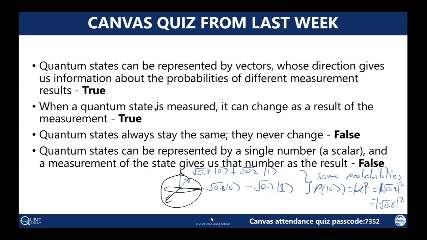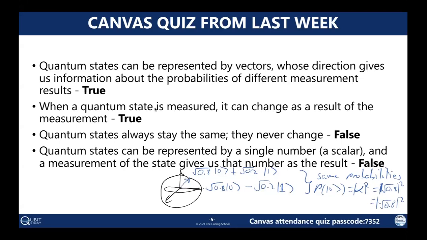So the relative phase of our two states actually does not impact our measurement probabilities, but the direction of the vector in the zx plane or the zy plane, depending on how you want to look at it, does tell us what our relative probabilities of our measurements are.